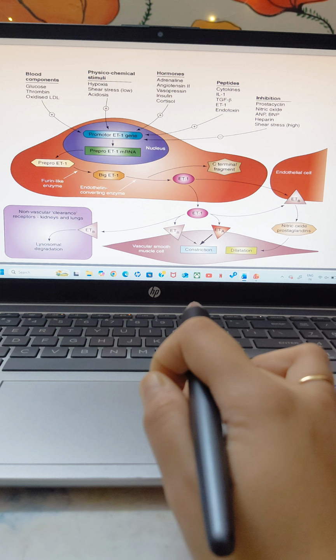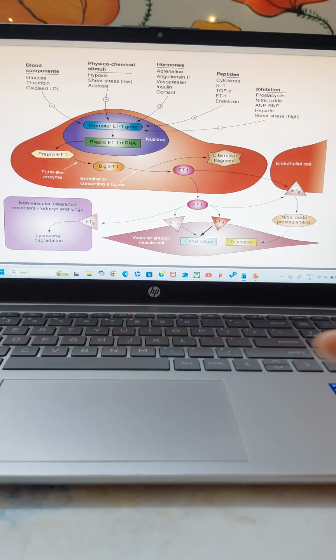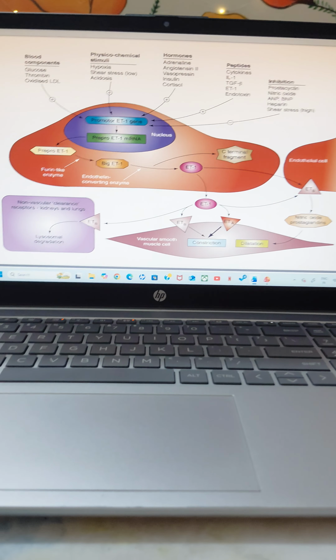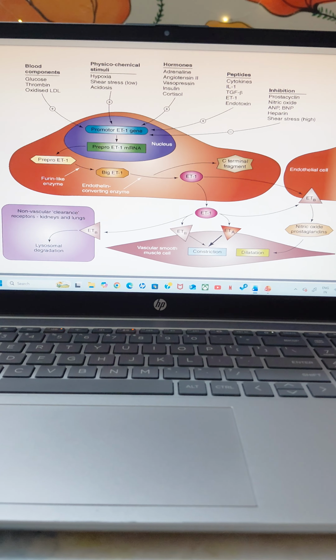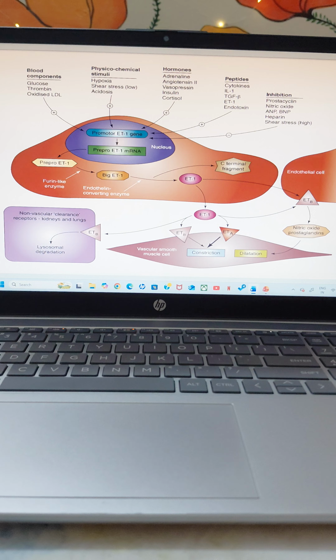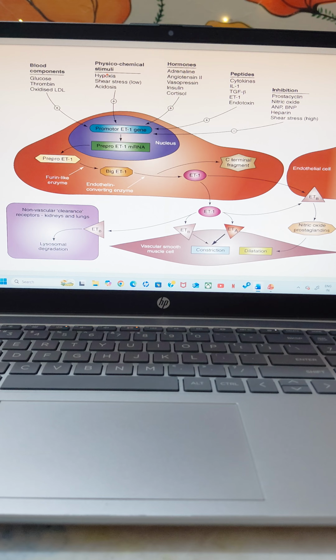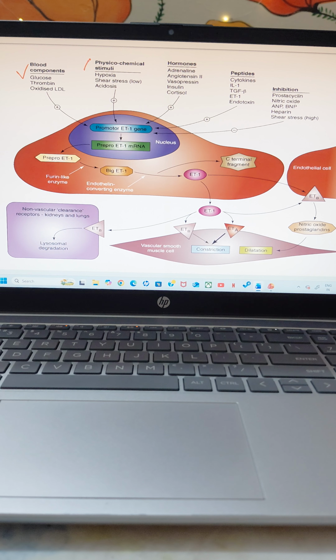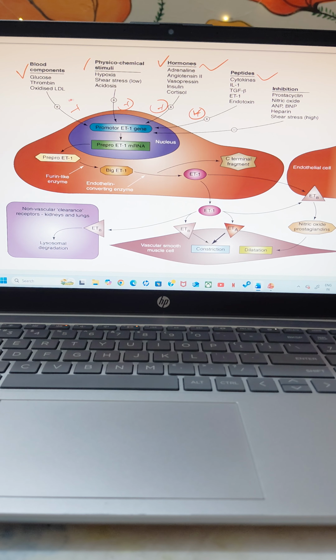This is a more detailed diagram. Here you can see various types of stimuli which have a positive impact on the ET1 gene, and these are the inhibitory stimuli which inhibit it.